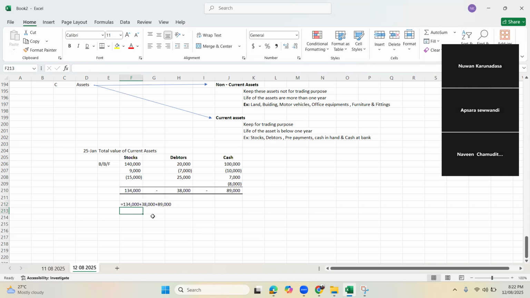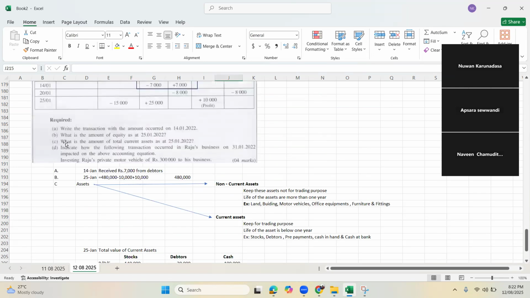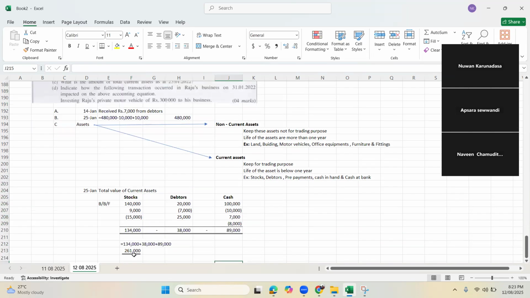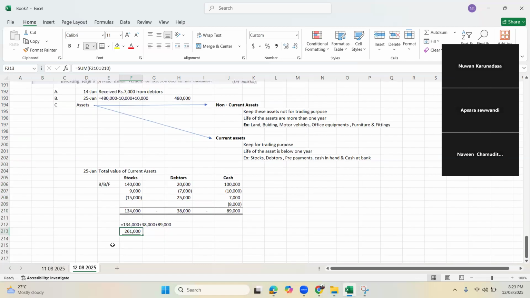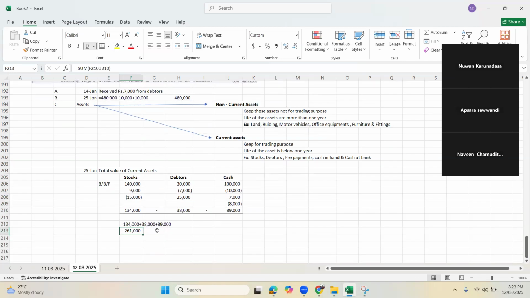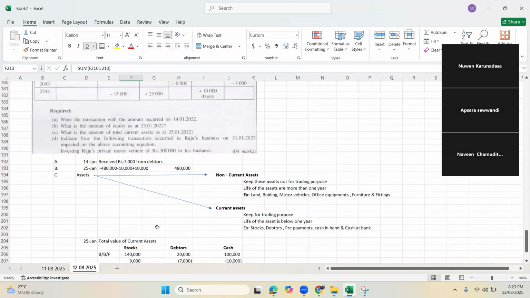This total value comes to 261,000. They're asking what? Write the amount of total current assets as at 31st Jan 2022. Your answer is 261,000. Not hard. It's done.